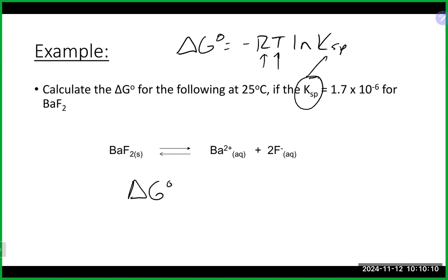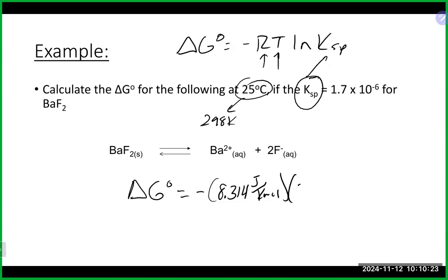So delta G naught will equal minus 8.314 joules per Kelvin per mole. Again, converting our 25 degrees into Kelvin, 298, when we add our 273 to it. Natural log of our KSP, which we do have here in this particular case.